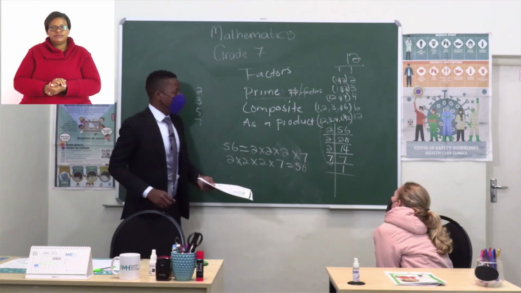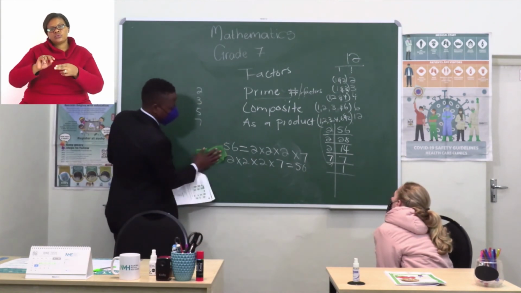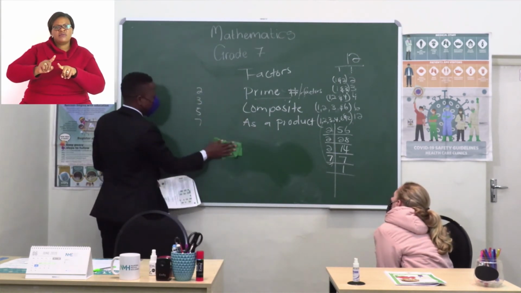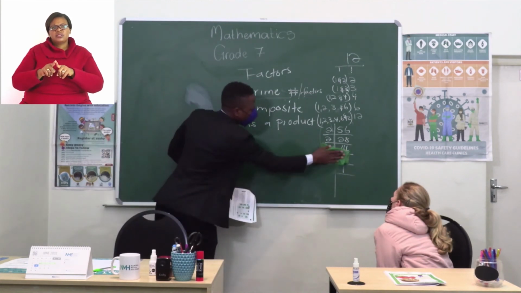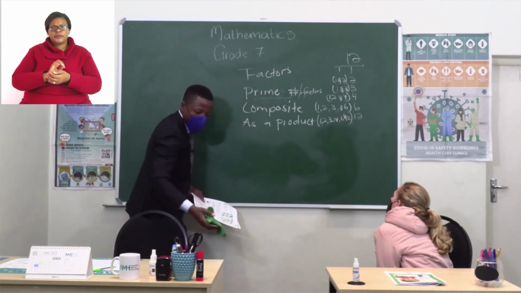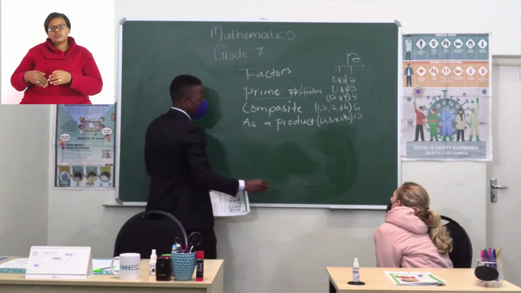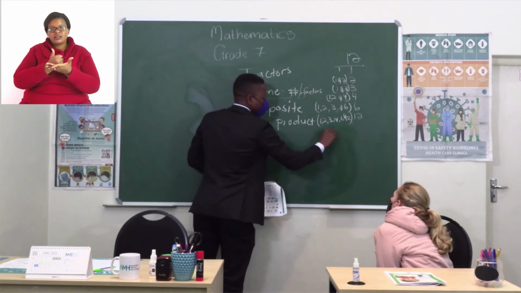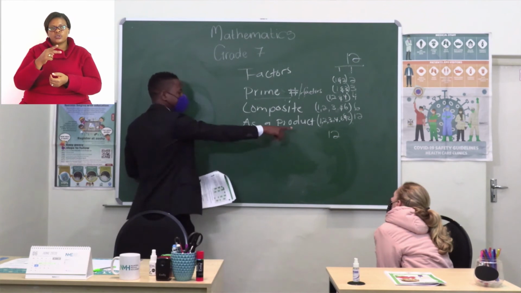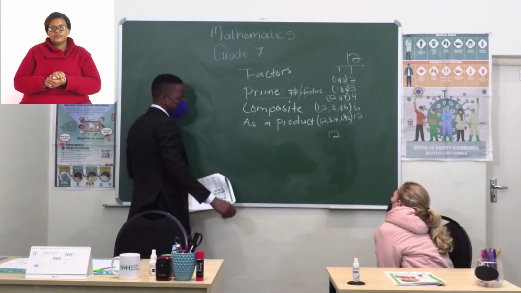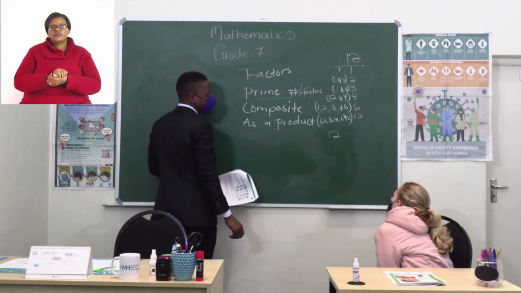I would like to give a first example of 12 that will not take long, just to make things much more understandable. We have 12. We must write 12 as a product of its prime factors.